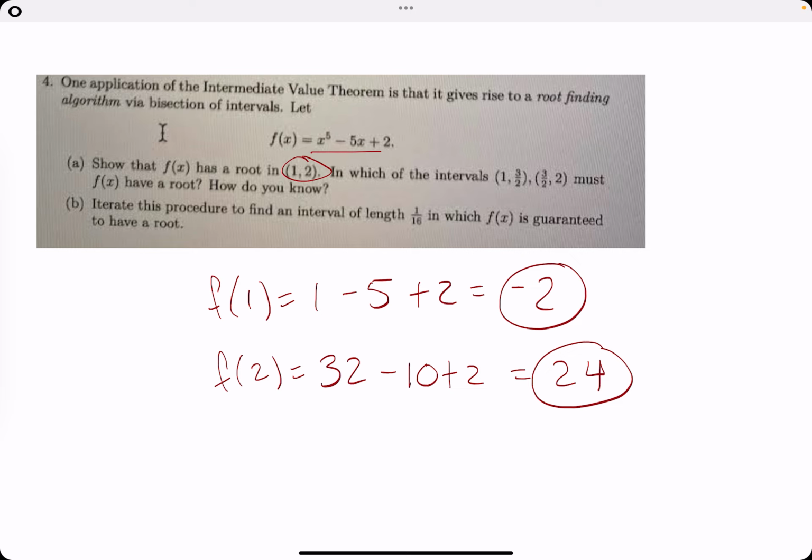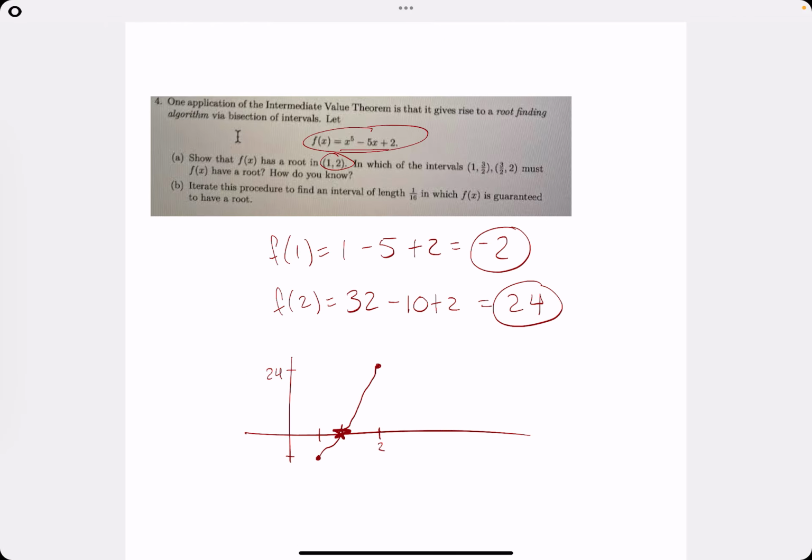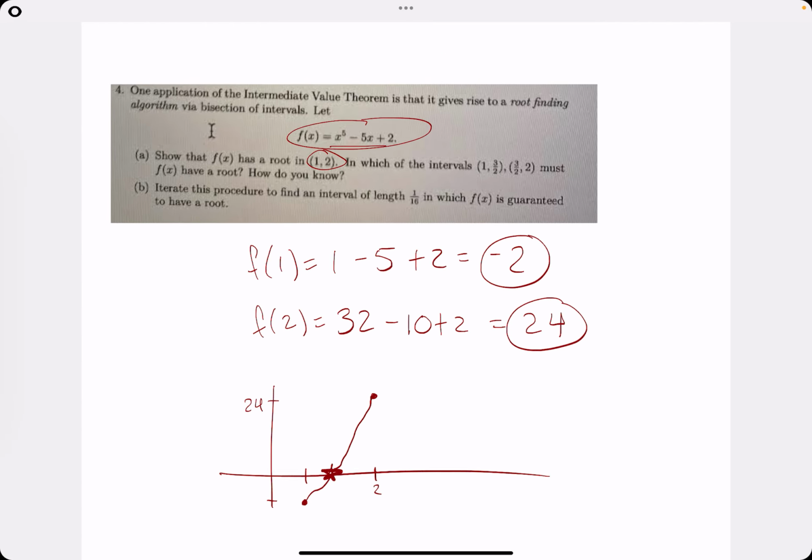So what that means is, as long as f of x is continuous, which it is because it's a polynomial, that means that if at 1 it has a negative value of negative 2, and at 2 it has a positive value of 24, and the function is continuous between those 2 points, it's got to hit 0. It's got to have one root at some point on that interval.